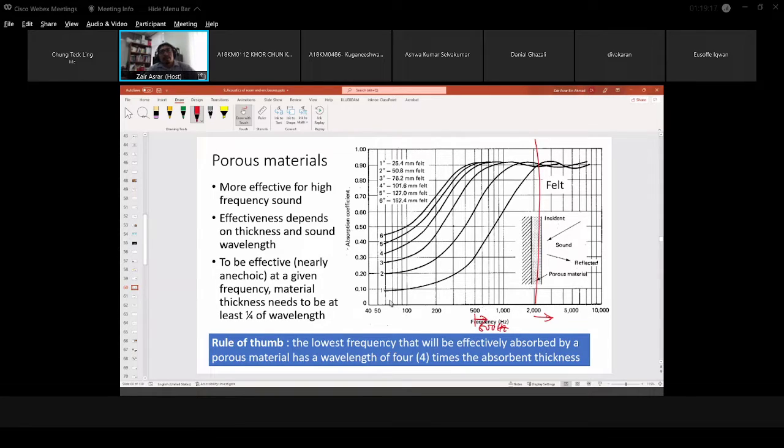So if we have 6-inch felt, the lowest sound frequency that can be absorbed will be equal to a frequency with wavelength of 4 times 6, 24 inches. Okay, that's how we find the thickness of suitable porous material for absorbing sound at certain frequency range.